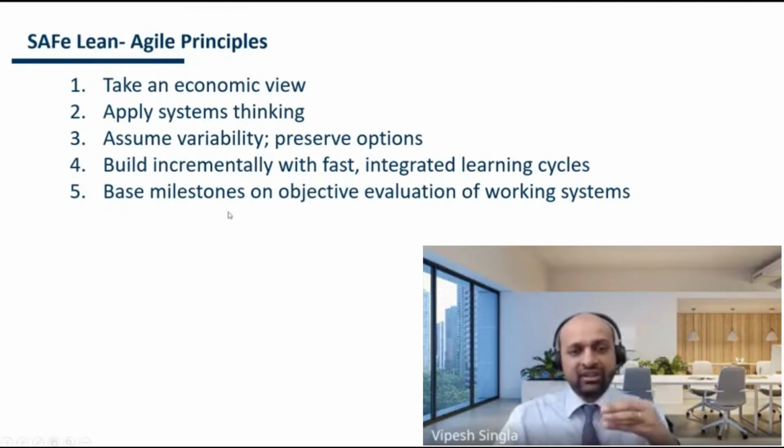So that's why SAFe has suggested basing the milestone on the evaluation of a working system.